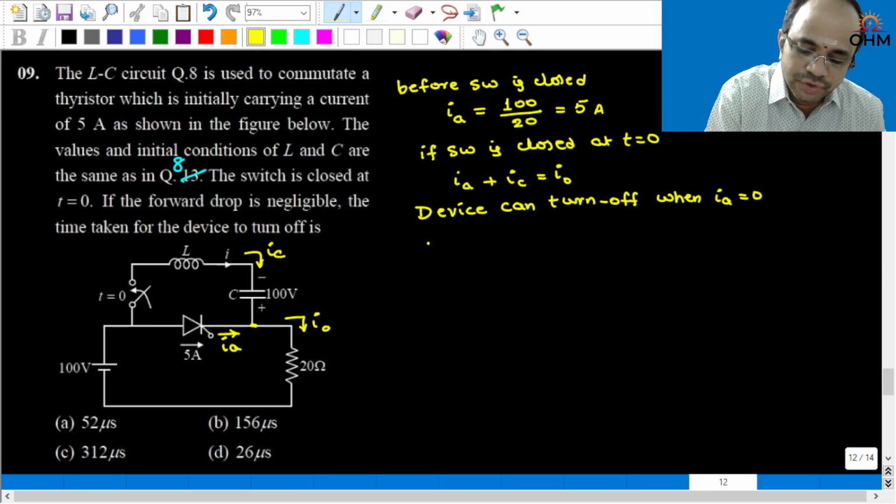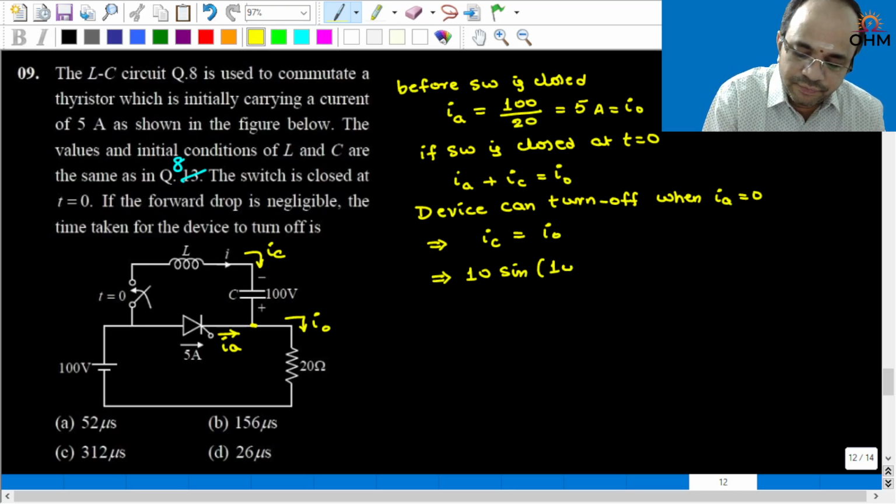If IA is equal to 0, the equation becomes IC is equal to I naught, where I naught is equal to 5 ampere. But what is IC here? 10 sine of 10 power 4 t, this is equal to 5 ampere.